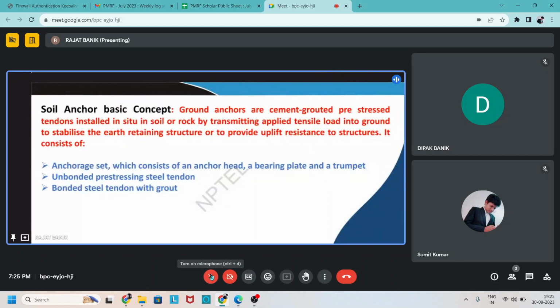This is cement grouted, similar to soil nailing, but it uses pre-stressed tendons, like in pre-stressed concrete, where previously stressed tendons are inserted and then concreting is applied.